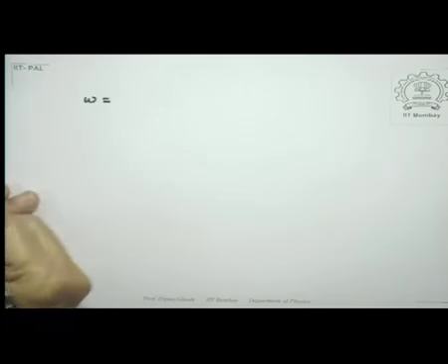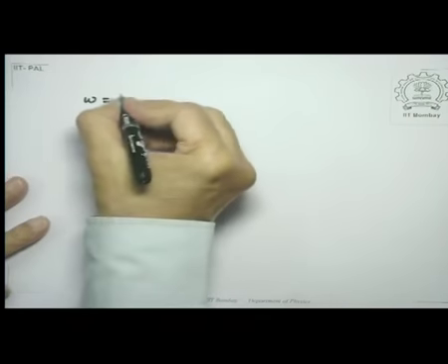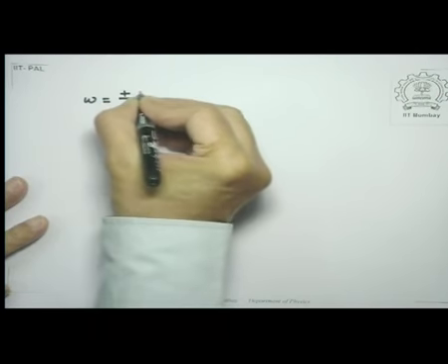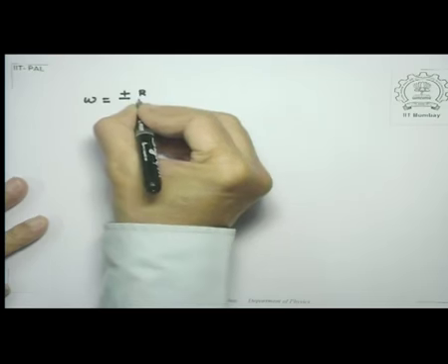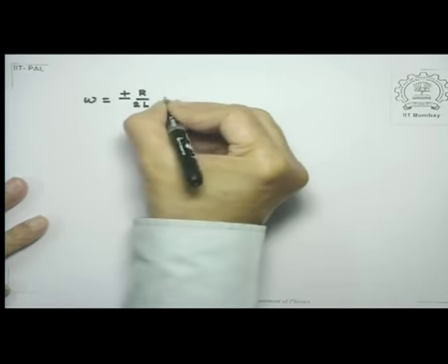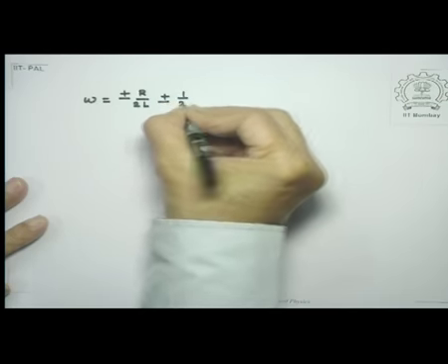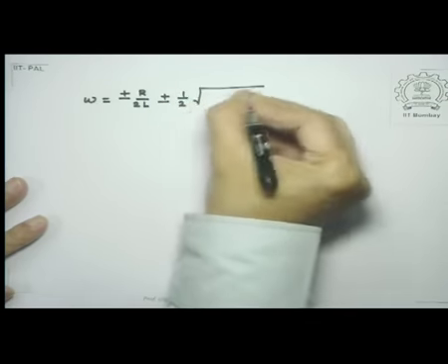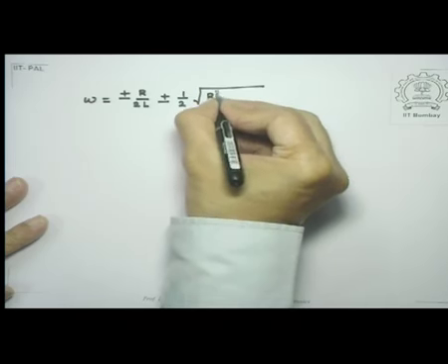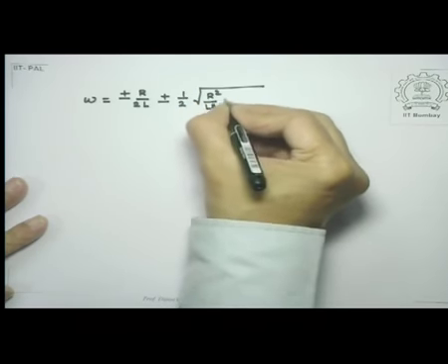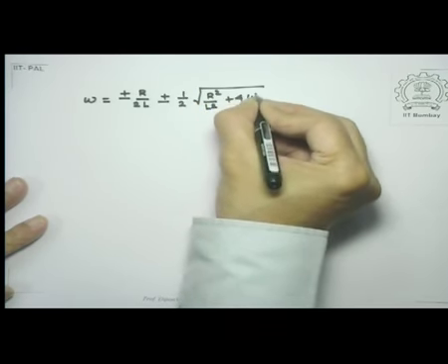We get the solution of the quadratic equation to be plus or minus R by 2L, plus or minus 1 over 2 square root of R square over L square plus 4 omega 0 square.